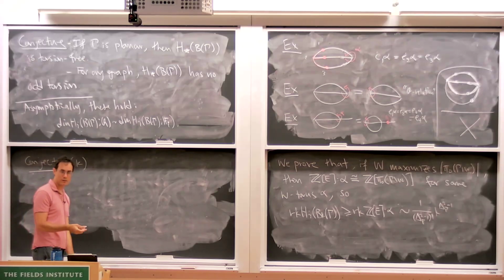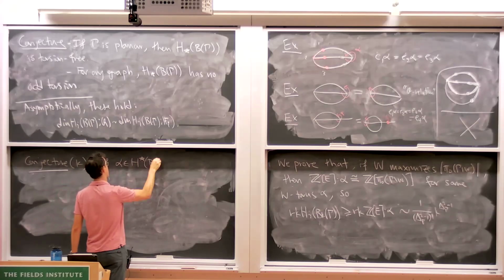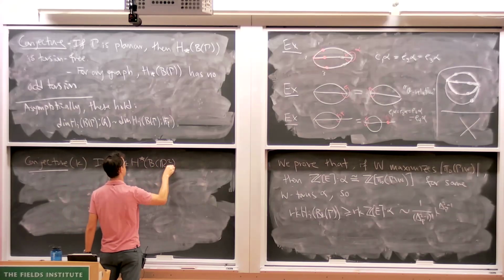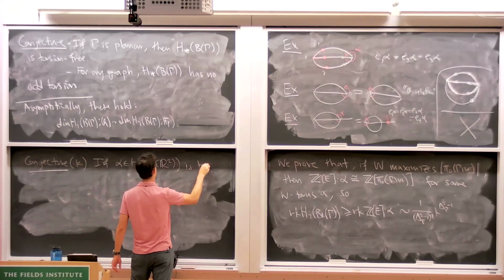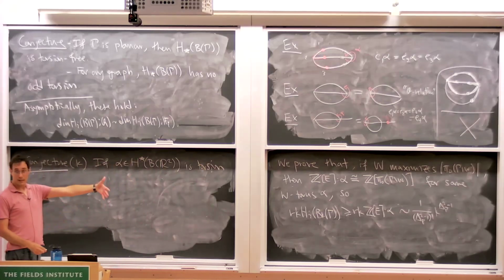So if you have a planar graph, what can you do with it? You can embed it in the plane. Great. If you had a class in the cohomology of the configuration spaces of R2 that was torsion, and you embedded the graph into the plane, then you could restrict that cohomology class to the configuration spaces of the graph.